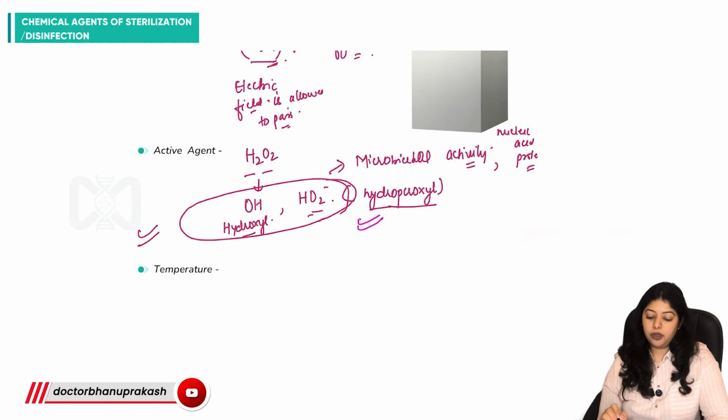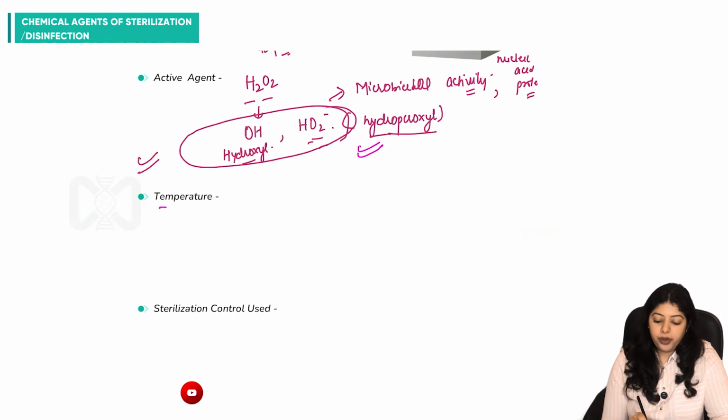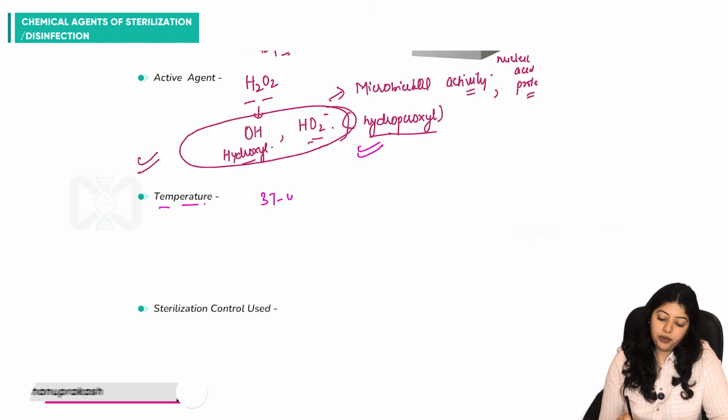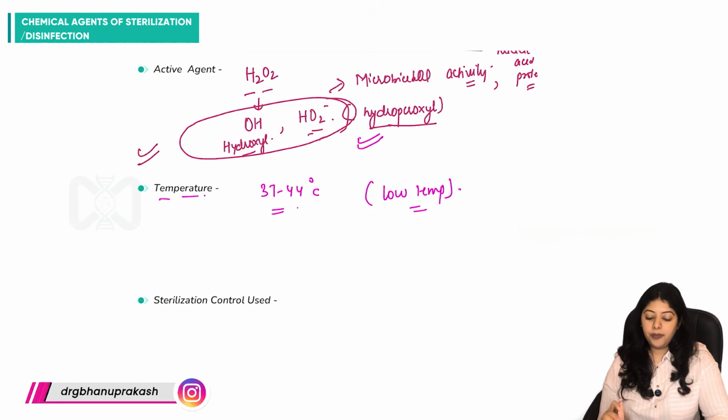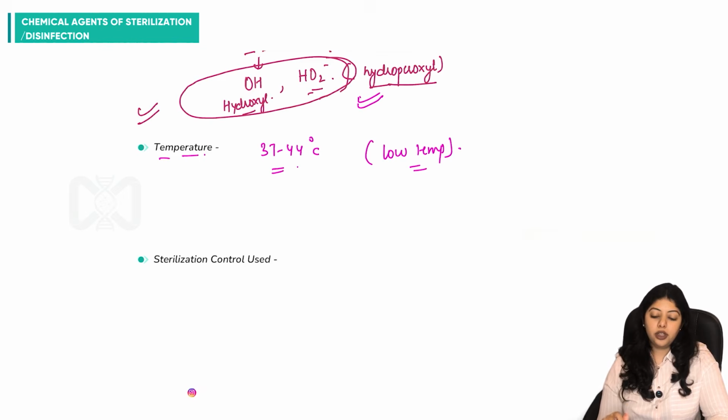So this is the active ingredient, that is the hydroxyl and hydroperoxyl, which are going to act against the organisms. And one important point is that a low temperature of 37 to 44 degrees is maintained throughout the cycle. So a very low temperature is maintained for plasma sterilization. And what is the sterilization control?